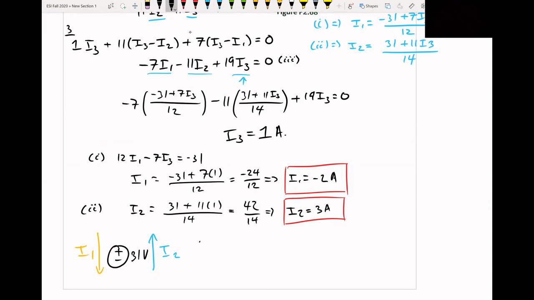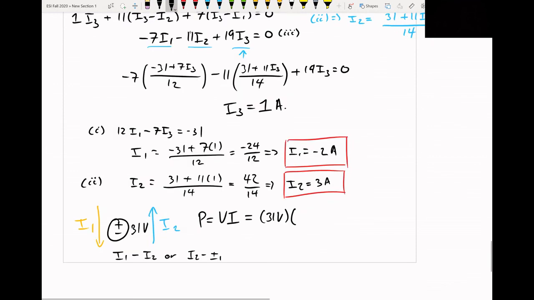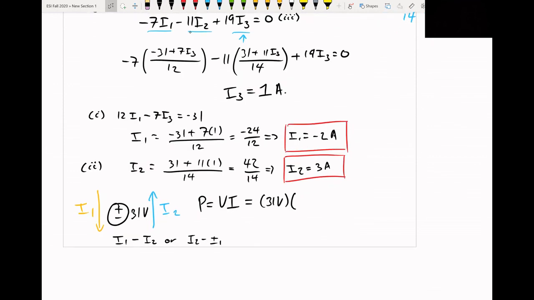For P equals VI, voltage is 31 volts, and the current will be I1 minus I2 or I2 minus I1. We just have to figure out what the current direction is. We said I1 is negative 2 and I2 is 3 amps, so this will be negative 5 amps.